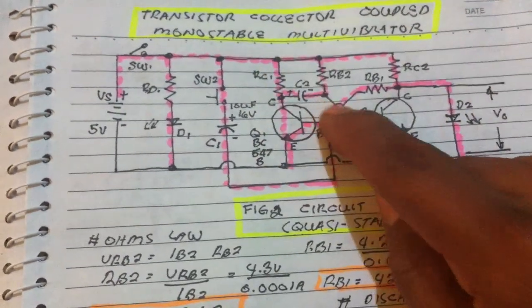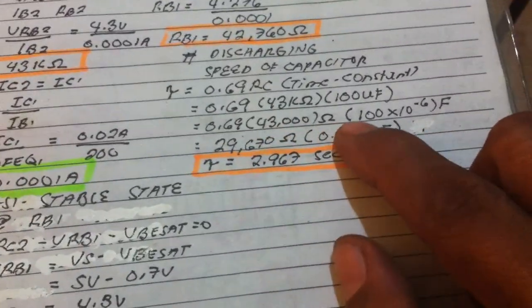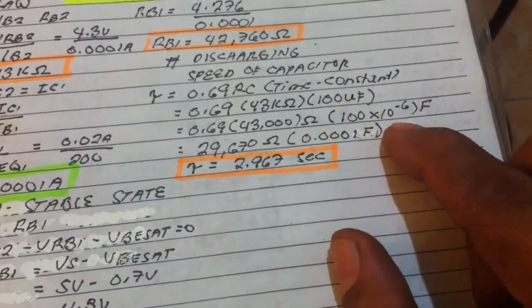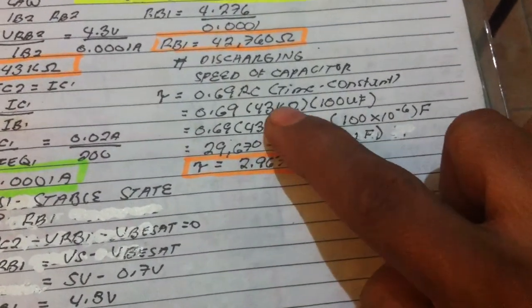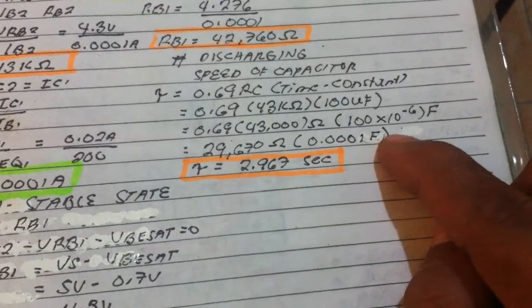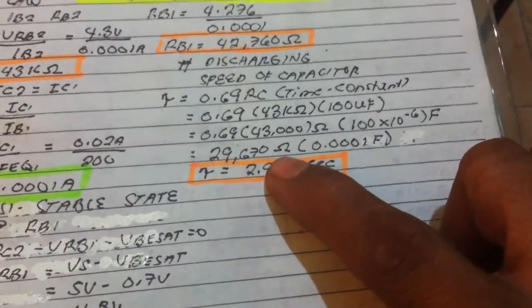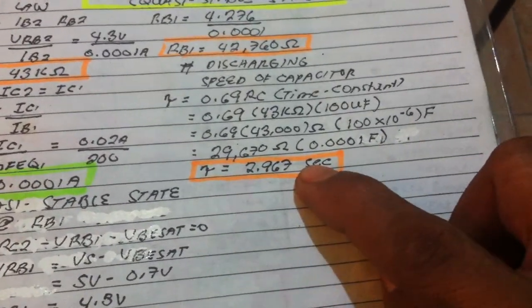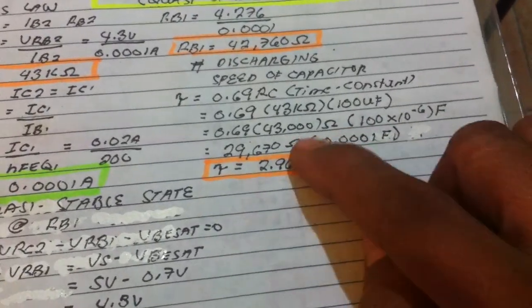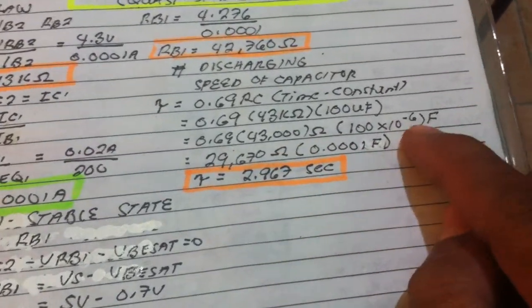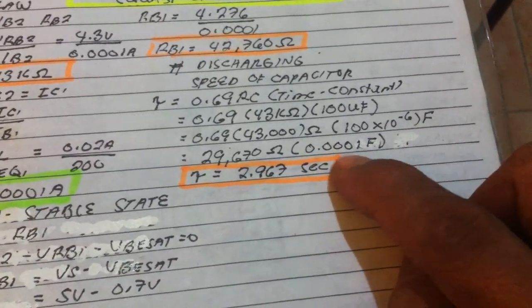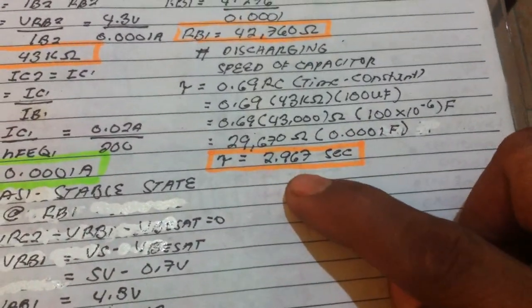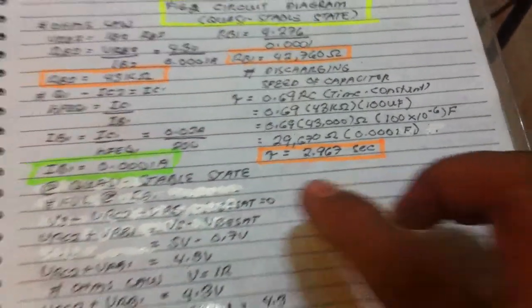No current flows here upon discharging. 100 microfarad is 100 times 10 to the -6, and this resistor is 43,000, the same as 43 kilo ohms. We need units of ohms and farads to get seconds, so 100 times 10 to the -6 equals 0.0001 farad. The result is 2.967 seconds.